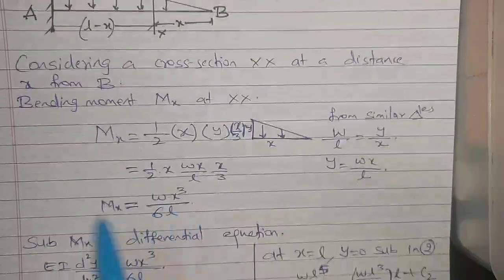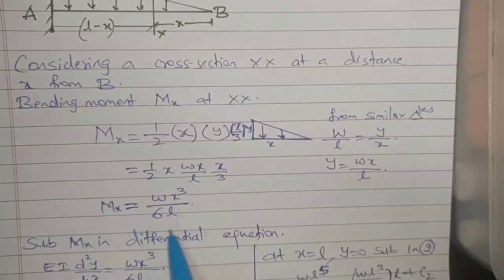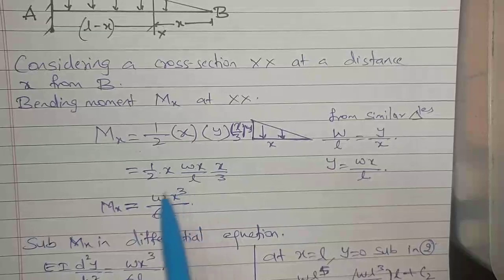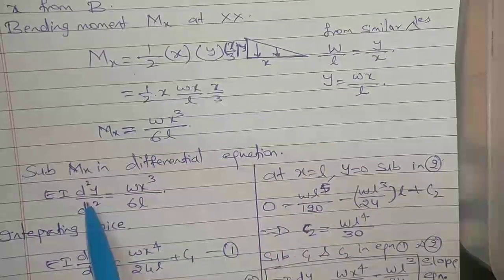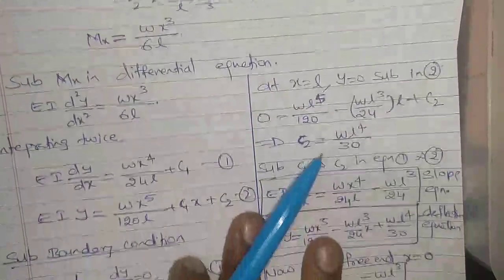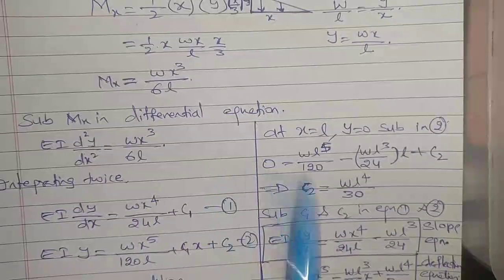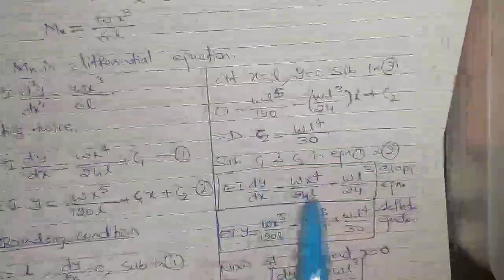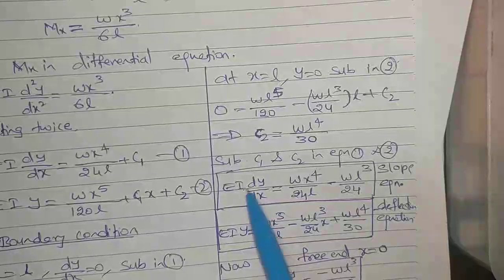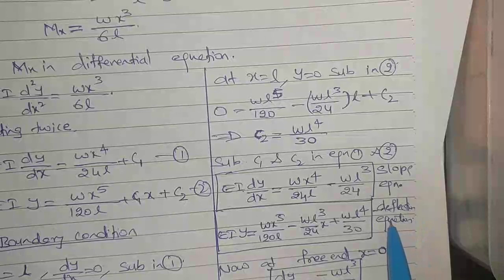So this is your Mx, Wx cube by 6L. This you have to substitute in the differential equation. Again, two times you have to do integration. Using boundary conditions, you have to find C1 and C2. So you get the slope equation and deflection equation.